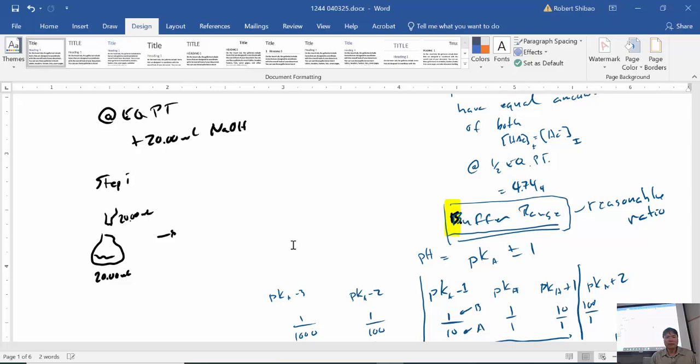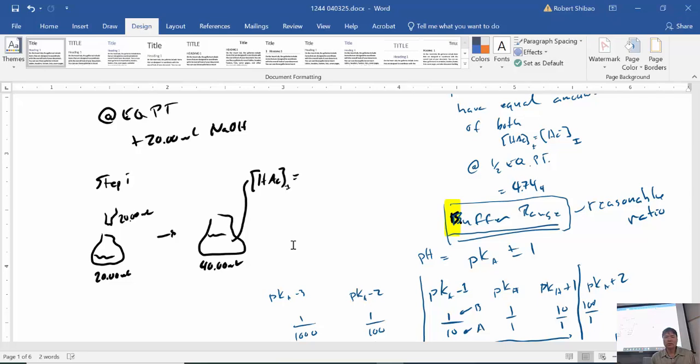Altogether, I'm going to have 40 milliliters of product solution. Then I need to figure out the new concentration of acetic acid. This will be my initial.